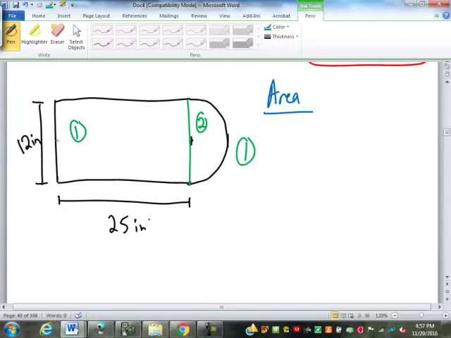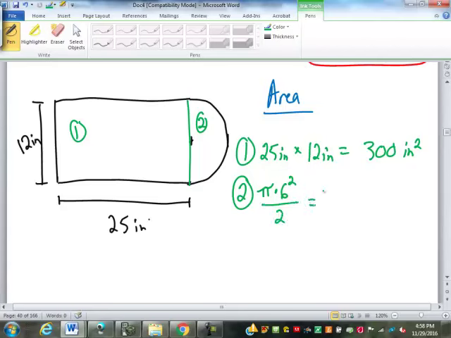What do I do to find the area of section 1 there, the rectangle? It's 25 inches times 12 inches, otherwise known as 300 square inches. How about section 2? Pi times your 6 squared, and since it's half of a circle, it's divided by 2.